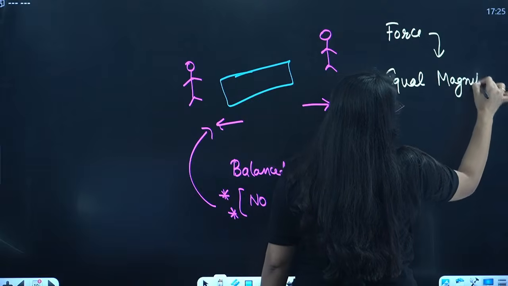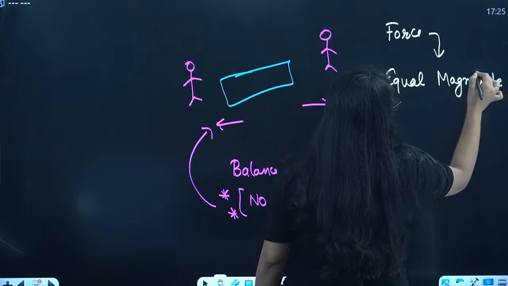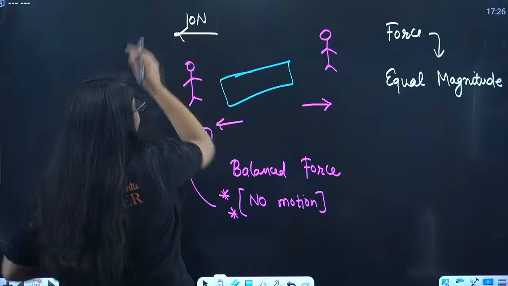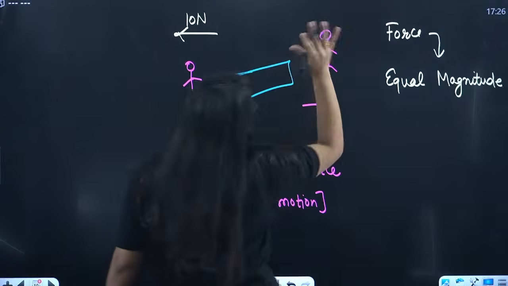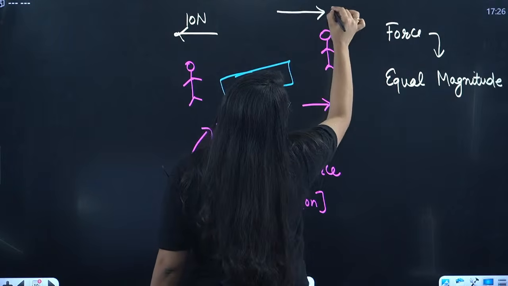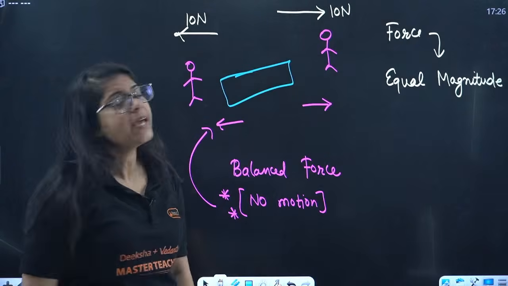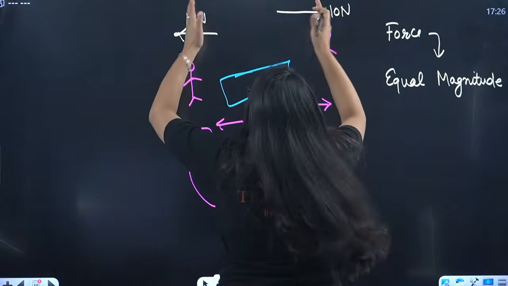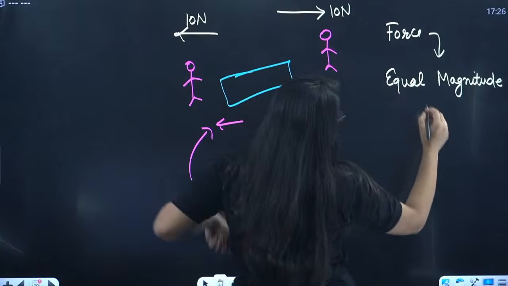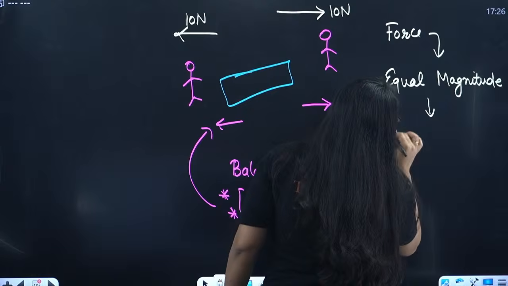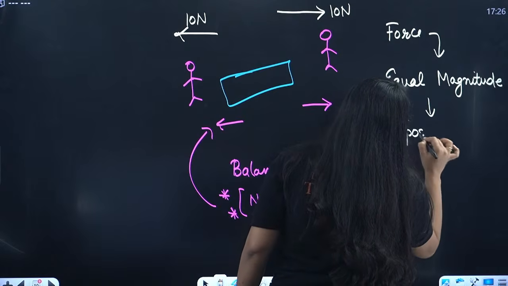That means you are, let's say, pulling this chocolate with a force of 10 Newton on your left hand side, and your twin is also pulling the chocolate, but on the right hand side, with 10 Newton. So they are of equal magnitude, 10 Newton, but they have opposite directions.